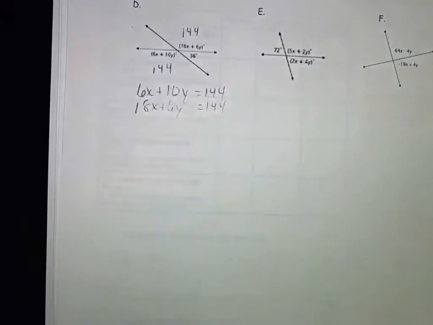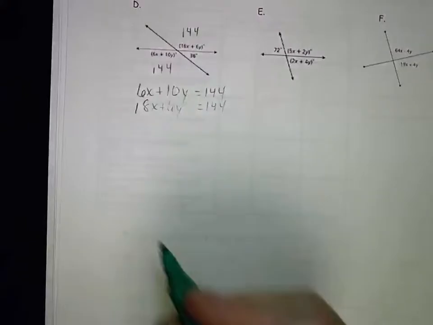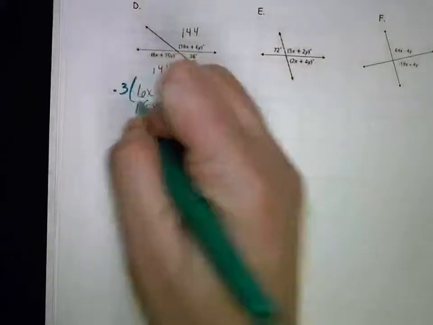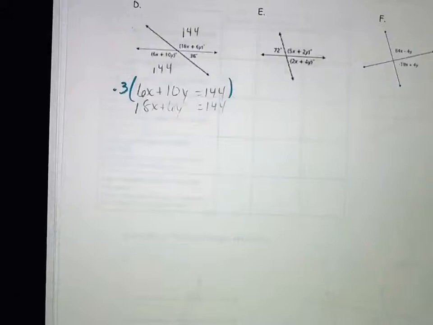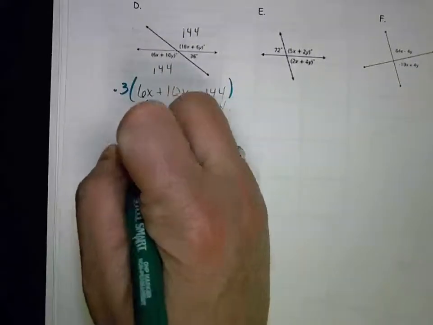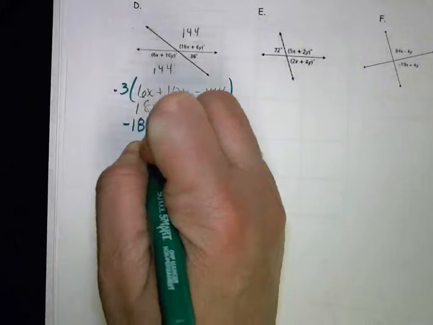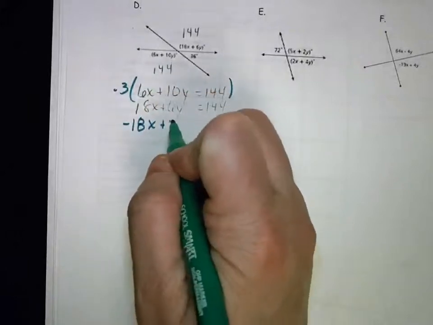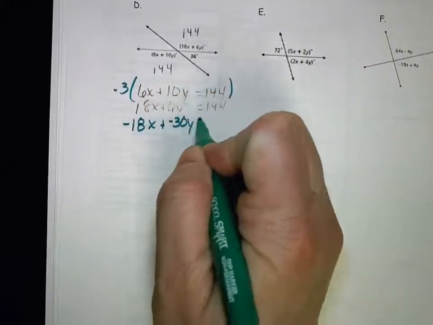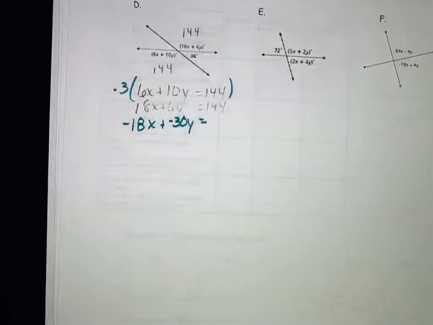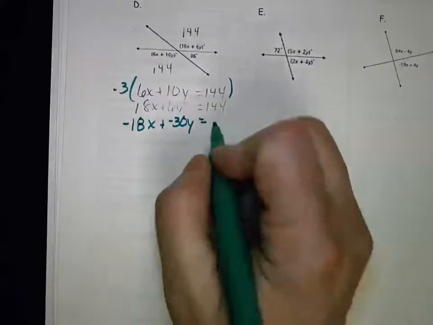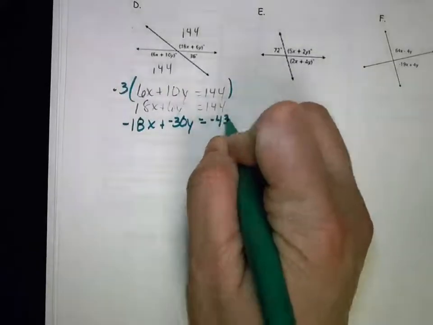And solving this, I'm going to multiply this whole top equation by -3, and that will become -18x plus -30y equals -432.